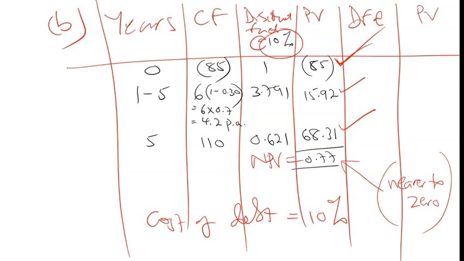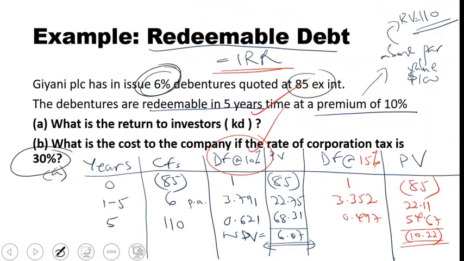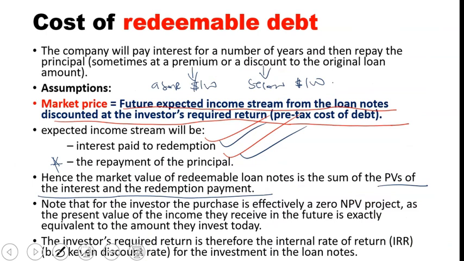Why is it so? The idea is because we believe that the market value of the cost of a redeemable debt is its internal rate of return.